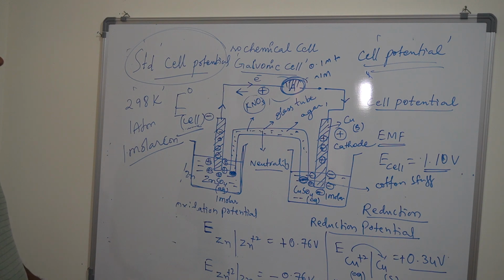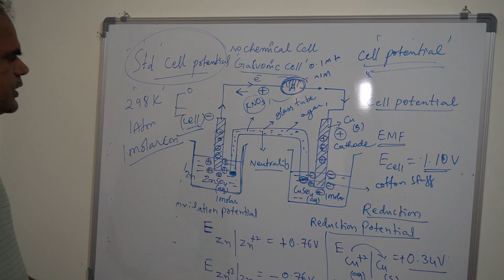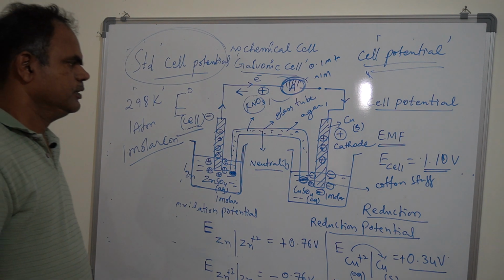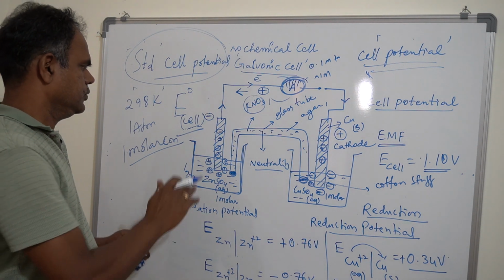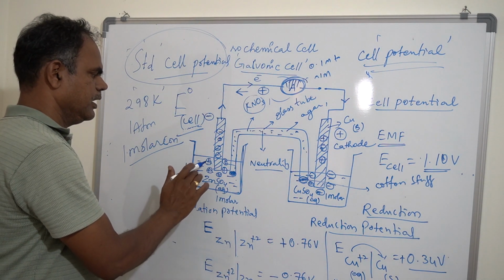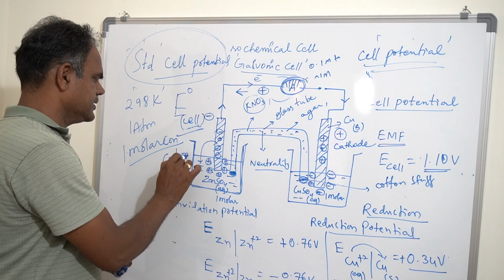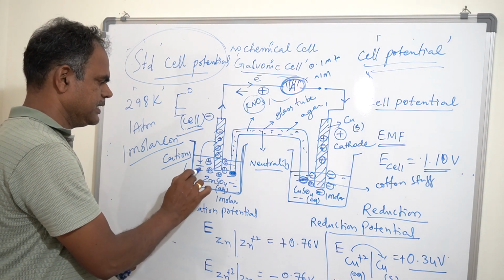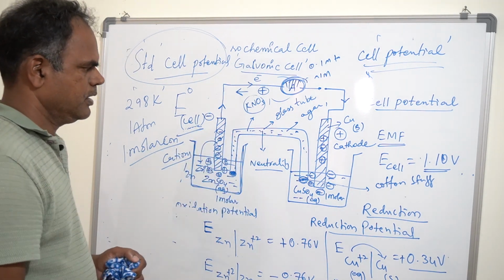But now coming to the role of the salt bridge. What does the salt bridge do? When does the salt bridge come into the picture? In one half cell, the accumulation of cations increases, that means zinc plus 2 ions increase as time progresses.